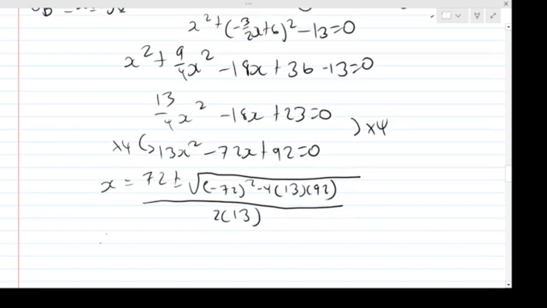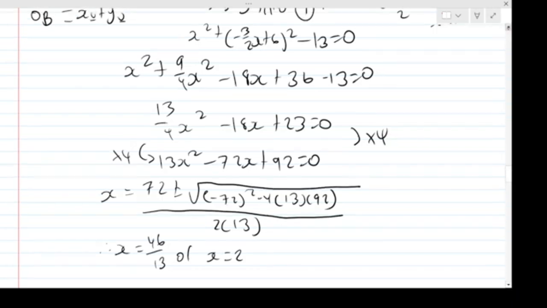Therefore x is going to be 46 over 13 or 2. Quite a nice number, so I'm reassured that I might be on the right path here. So there we are, my two values of x.